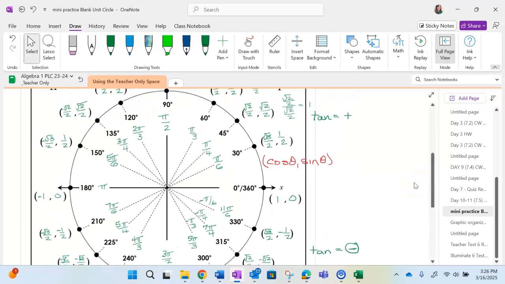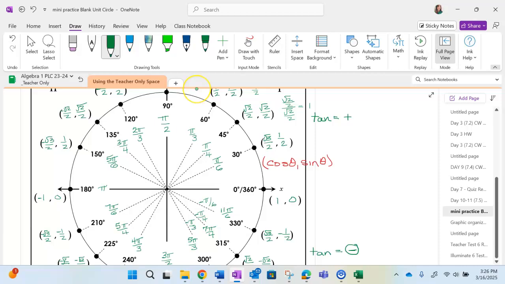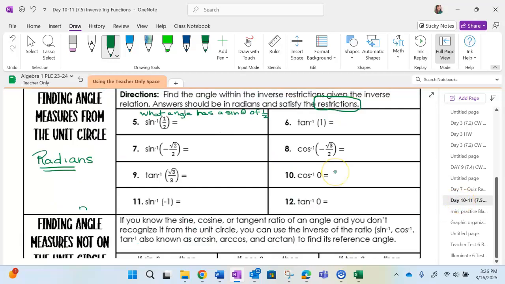Remember, the restrictions say sine has to be in quadrant 1 and quadrant 4. So when I look at my points, sine of 1/2 is pi over 6. Sine in the fourth quadrant is negative, so that doesn't work. So the answer to this is pi over 6. Okay, we're wanting radians, we're not wanting degrees.